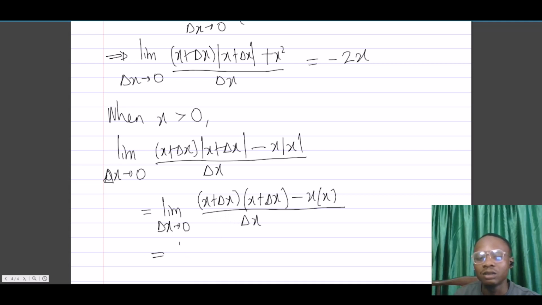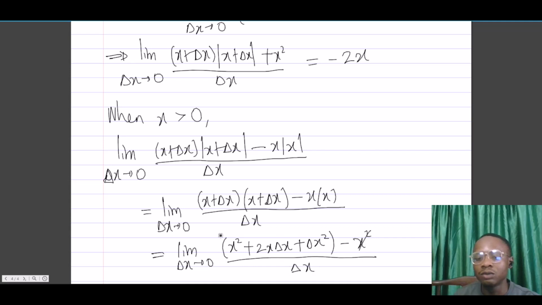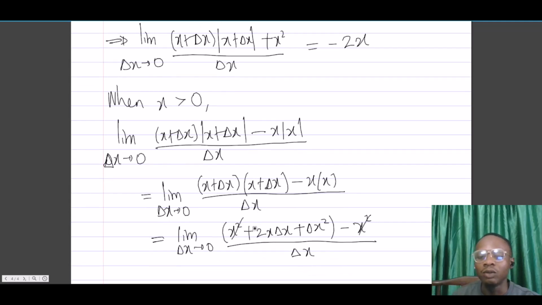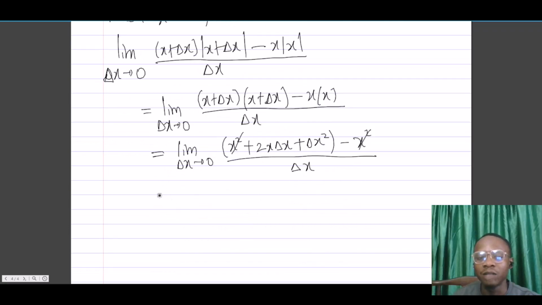So this is going to be the limit as delta x approaches 0 of the square of this, which gives us the same as what we had up there: x squared plus 2x delta x plus delta x all squared, close the bracket, minus x squared, then divided by delta x.